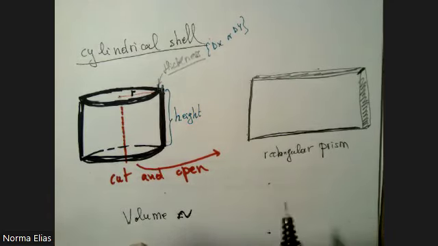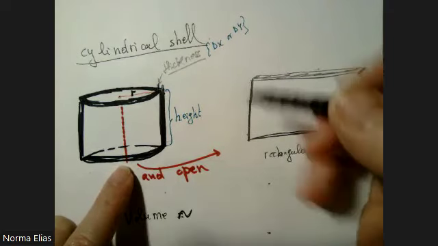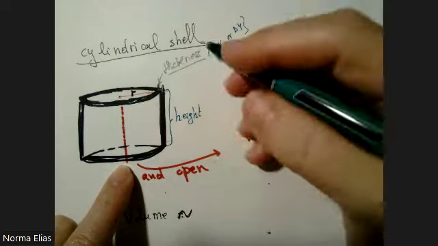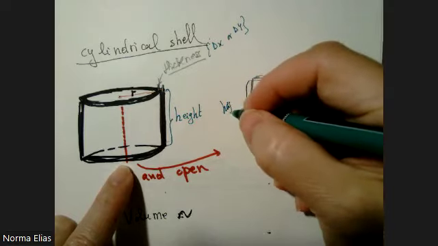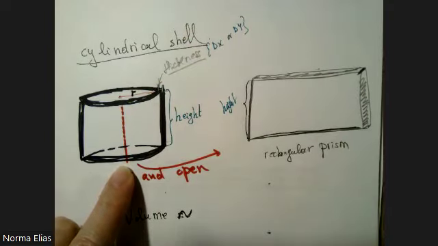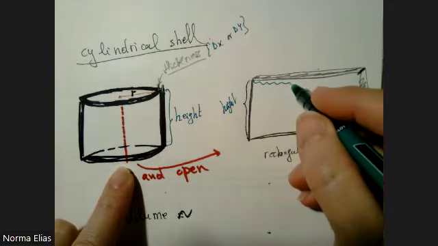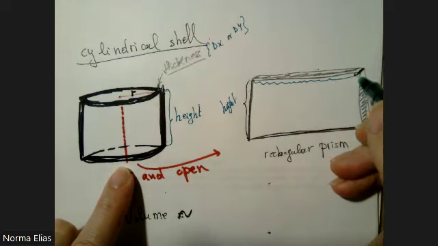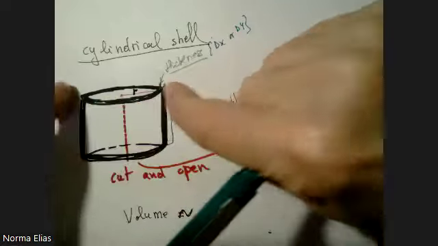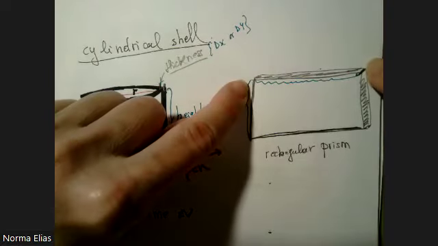So now what's going to be the volume? When I open it, from here to here, this is going to be the height of the shell. So the height of this prism is the height of my shell. What is the length of my prism from here to here? Imagine you take this, you open it, you plop it.